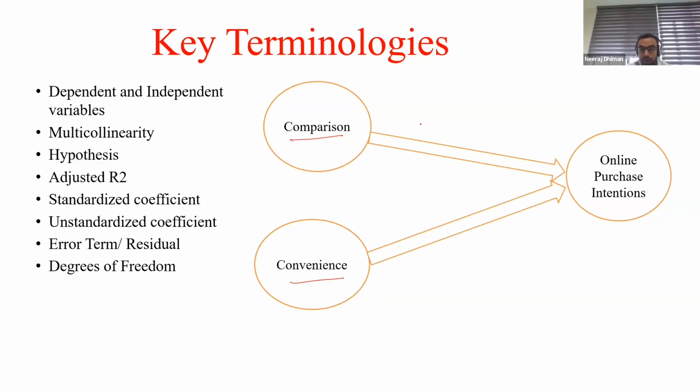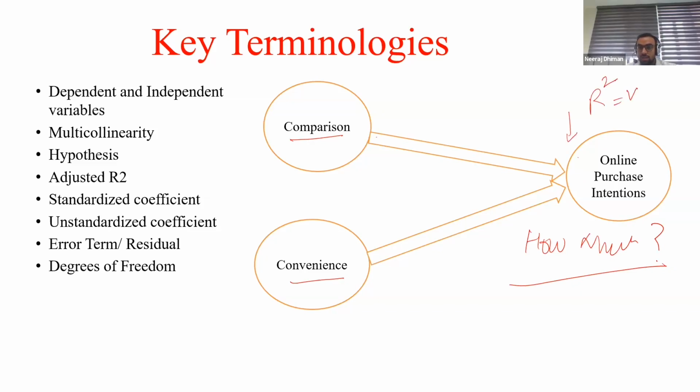We would expect comparison to have a strong influence over online purchase intentions. We are predicting online purchase intention, and how much of it is being predicted is answered with the help of R square.